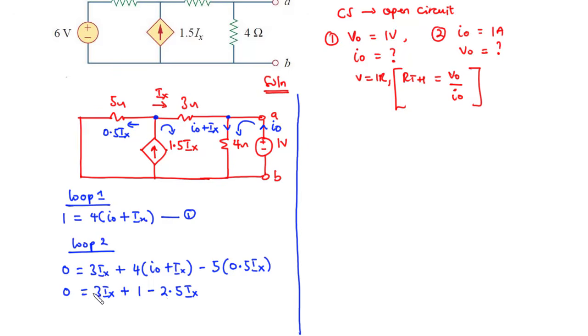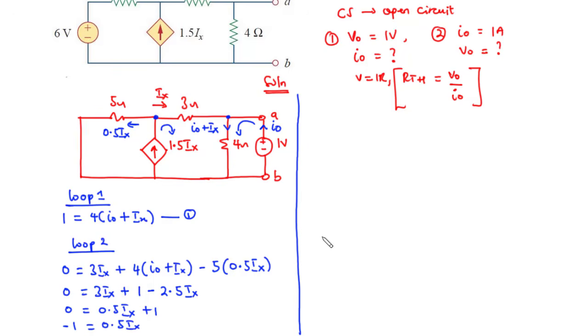Now we can combine these two, 3 and negative 2.5. So that becomes 0.5 Ix plus 1. Now we transpose 1 to the left hand side, so that we have negative 1 equals 0.5 Ix.